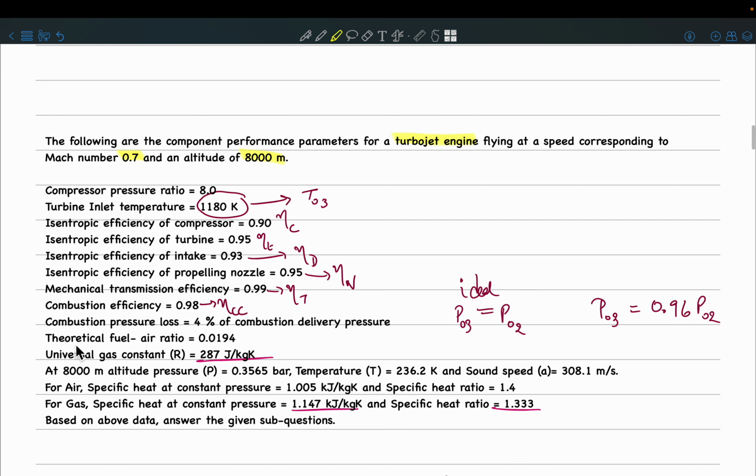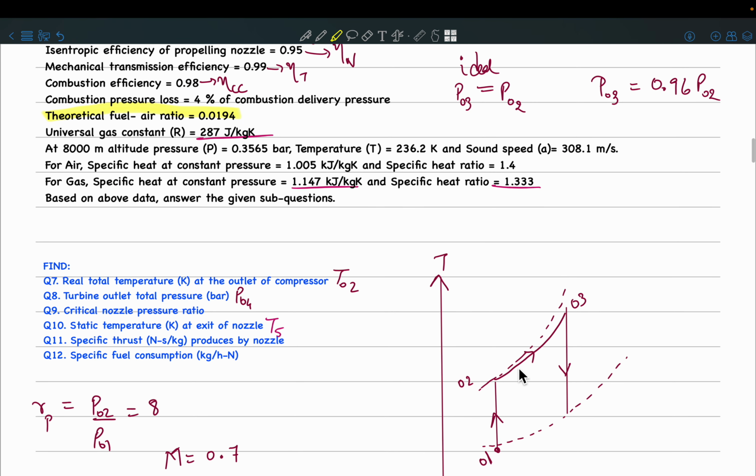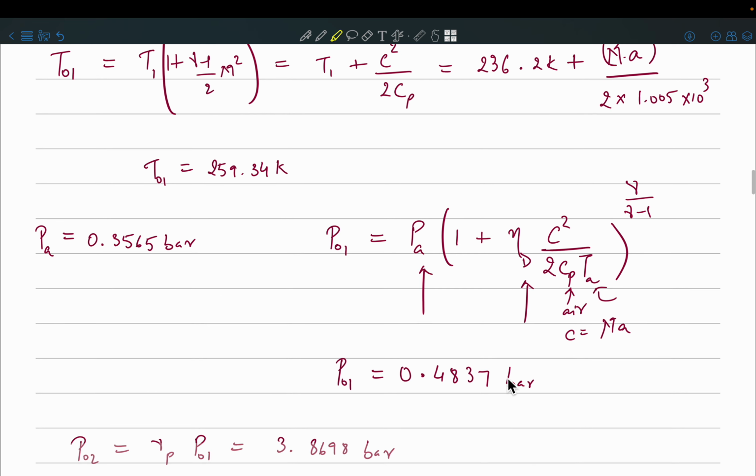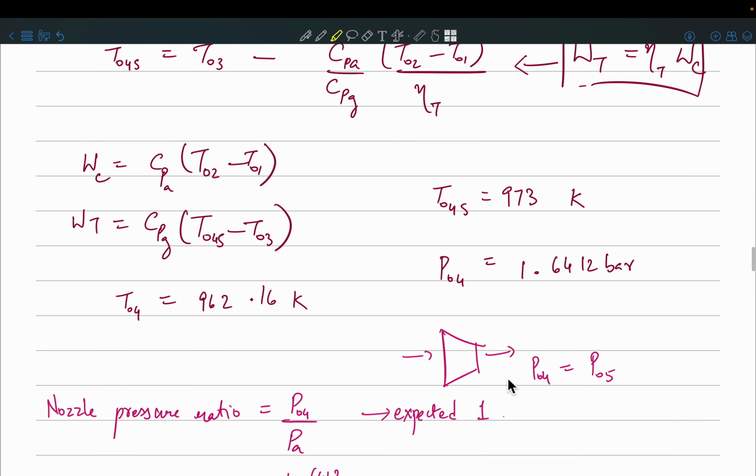Okay, what if you're not given the fuel air ratio? How will you do it? Ideally, what you would do in that case is you will balance the work by the compressor and work by the turbine. Okay, given the transmission efficiency, accounting for all that, you'll basically do a balance of work. And while writing this work equation, you will write m dot.